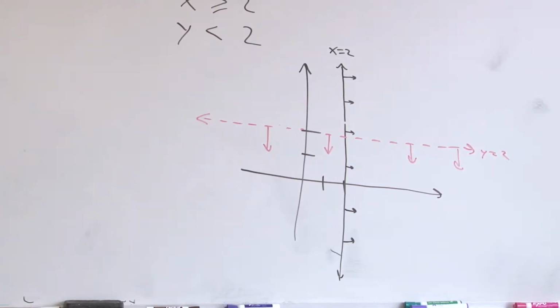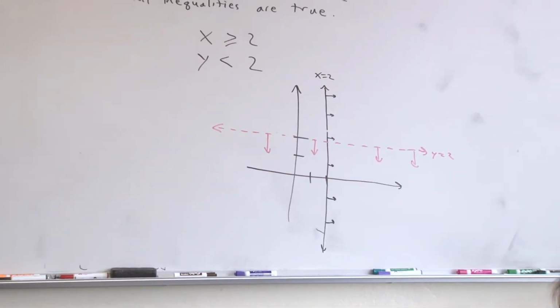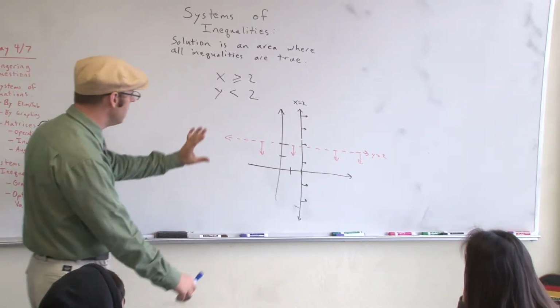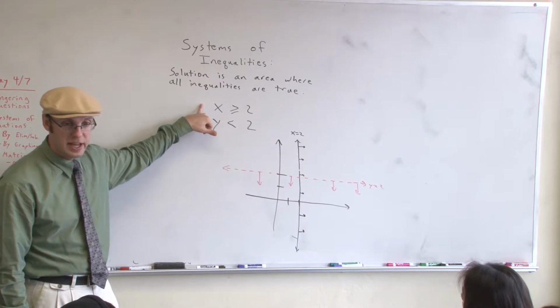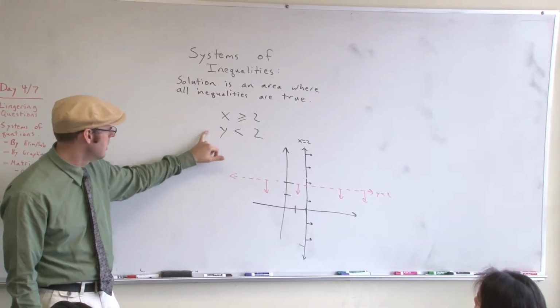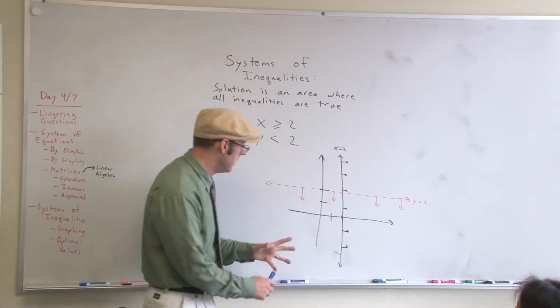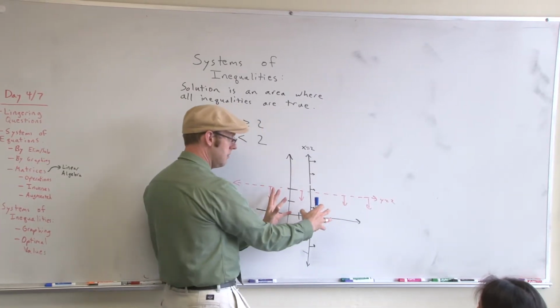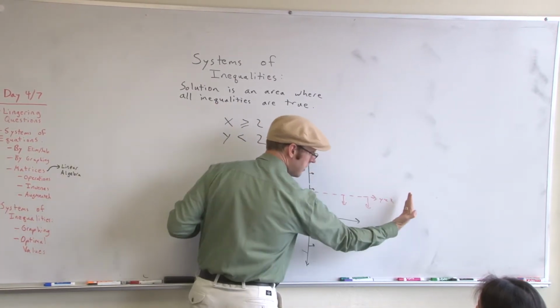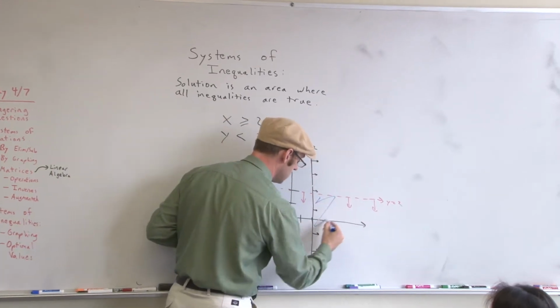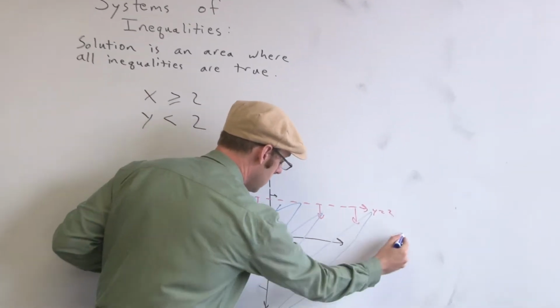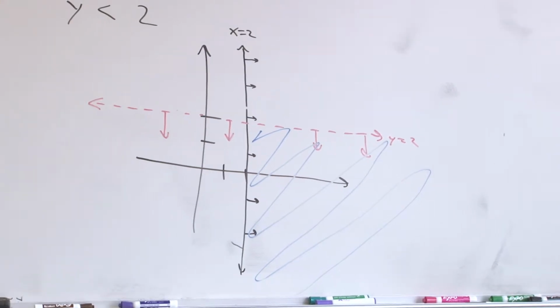And so the solution to this system of inequalities, the set of all points which both have an x value greater than or equal to 2 and a y value less than 2, is the one where both of these are met. Everything on this side of that line and that side of that line. So in other words, that area in there.